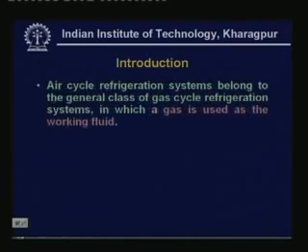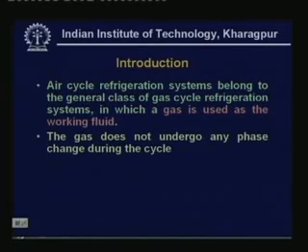Let me give a brief introduction. Air cycle refrigeration systems belong to the general class of gas cycle refrigeration systems, in which a gas is used as the working fluid. Here the working fluid is a gas, and this gas does not undergo any phase change during the cycle. That means all the processes in this cycle are essentially sensible heat transfer processes.